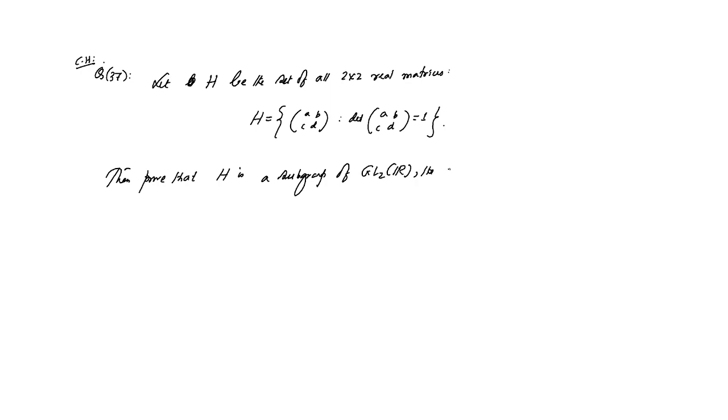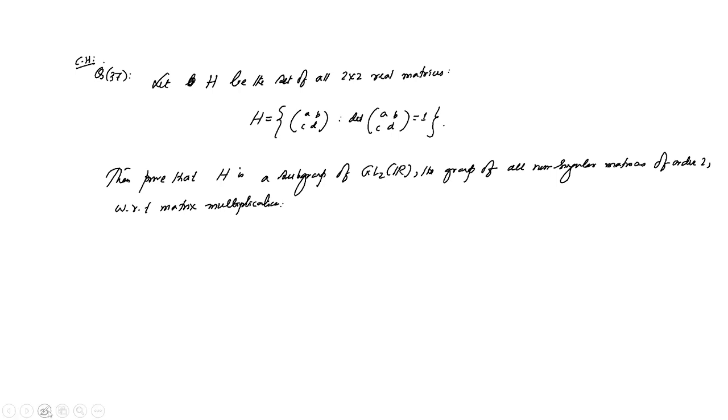GL2R is basically the group of all non-singular matrices of order 2, non-singular because the determinant is non-zero, and it is a group with respect to matrix multiplication. So this is also an important question, and this kind of question has been asked at graduation level.